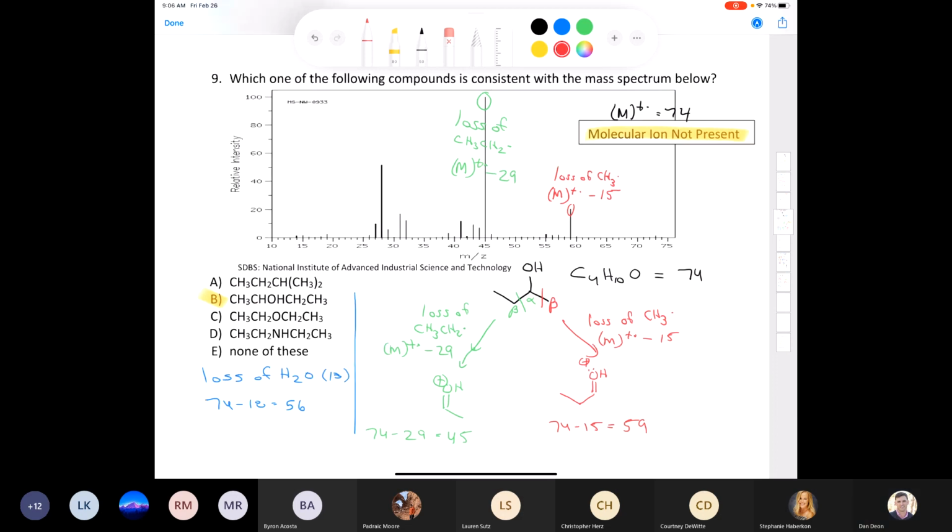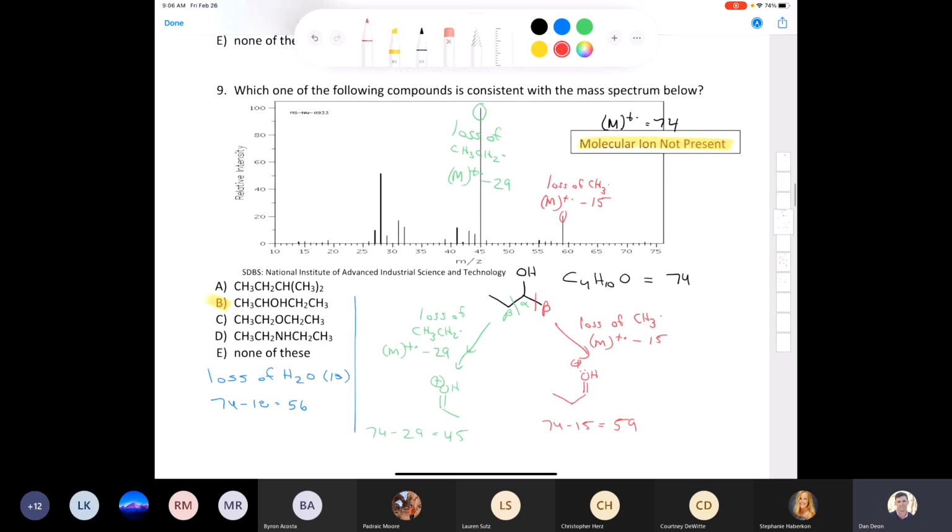So just by having the knowledge of what's in our textbook, and the write-up about alcohols isn't long, just by knowing that an alcohol doesn't give us a molecular ion, we were not only able to determine which one of the answers is correct, but we were also able to determine two of the major fragments, right? So there you go. Give me a thumbs up if that clears up some, and you're like, yeah, I get it, but I'm going to need to practice, which is totally normal.